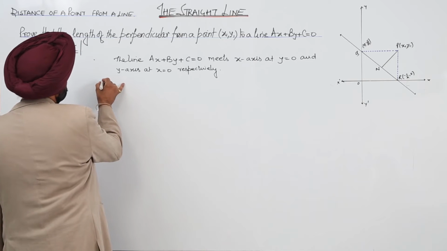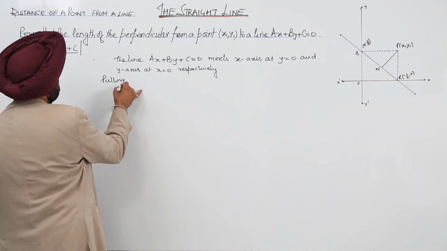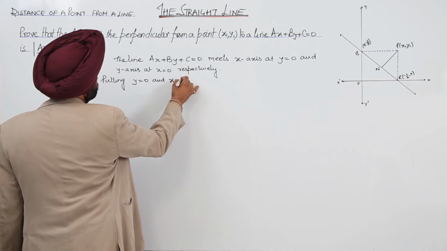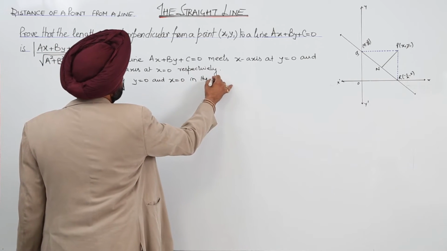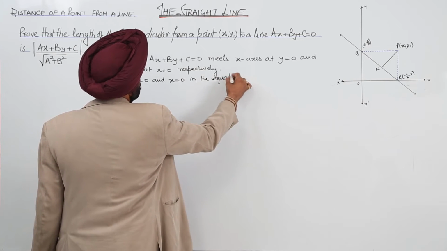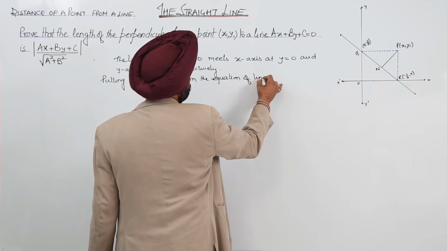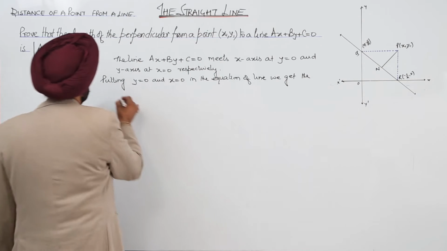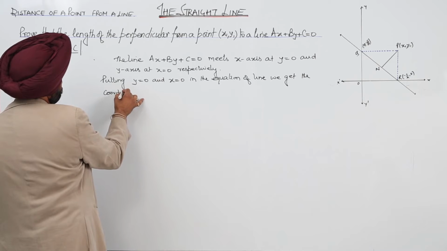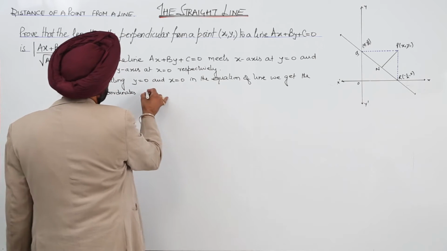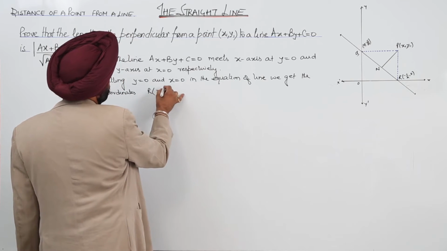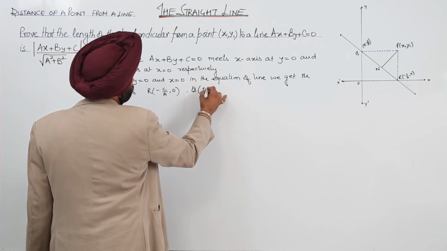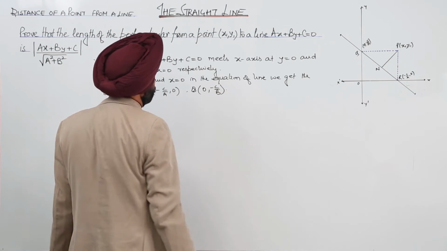Now putting y is equal to 0 and x is equal to 0 in the equation of the line, we get the coordinates capital R, I have already mentioned there, capital R negative of c upon a comma 0 and capital Q 0 comma negative of c upon b. The intercept form we have already done.